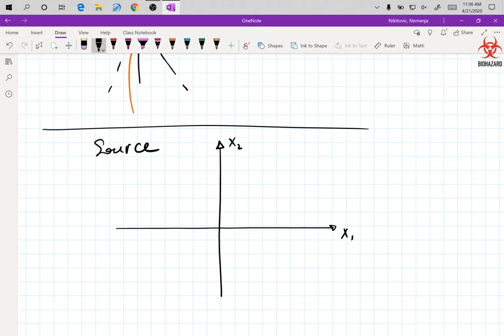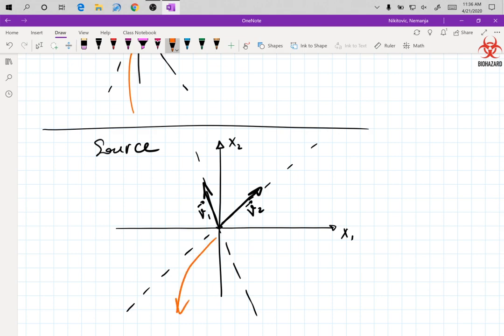So here is one of my eigenvectors. Here's another one. These are arbitrary now because we are drawing these, and now this is supposed to be a source, which means the solutions, I'm doing the air quotation marks right now, radiate out.